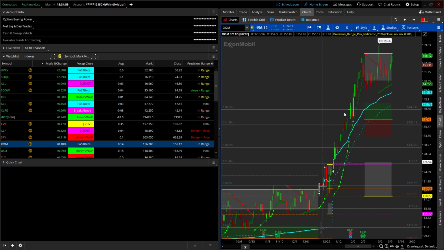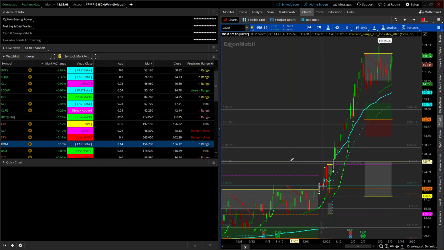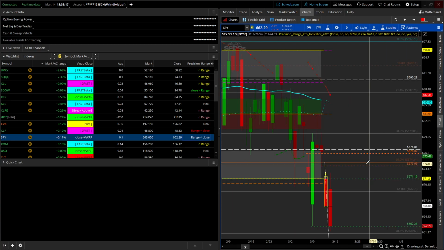If you get this indicator, you just go in there and change that to daily or weekly from your watch list. That was trading out of range. Here's back to the daily, trading outside its range or below its range.